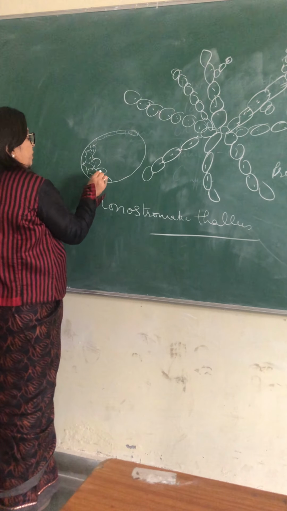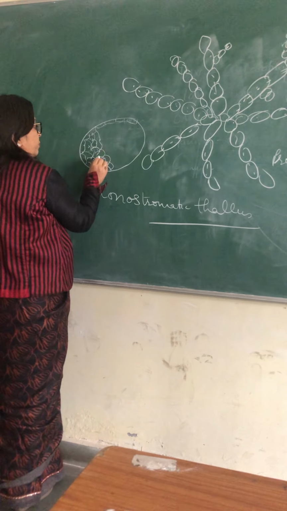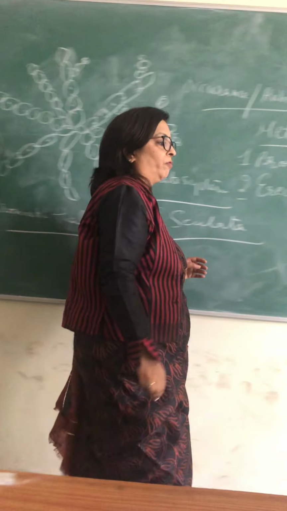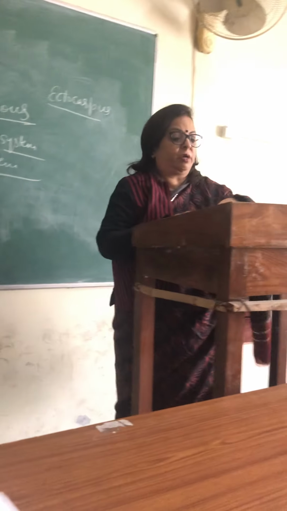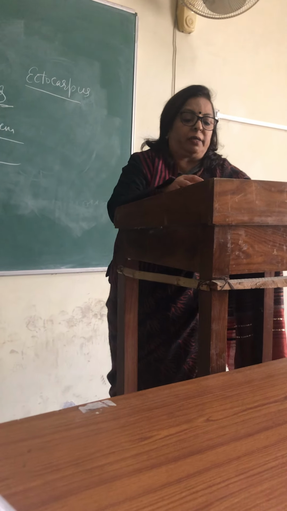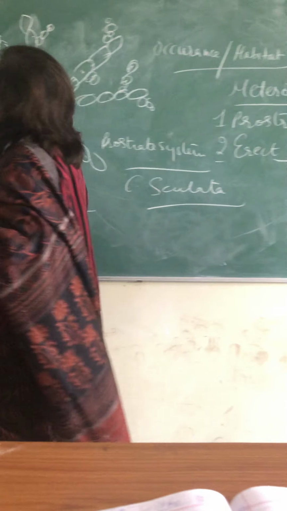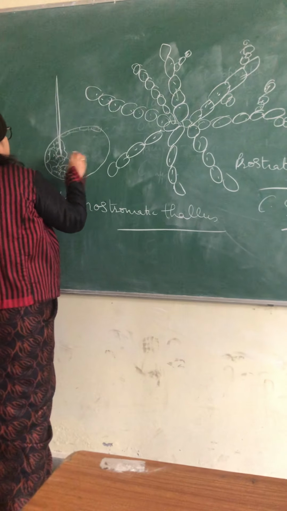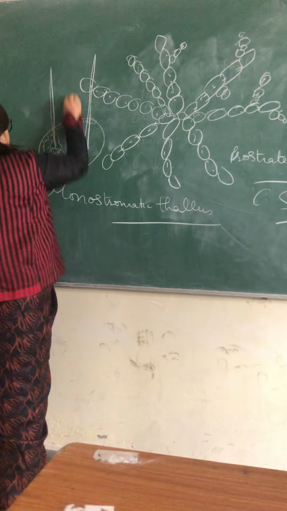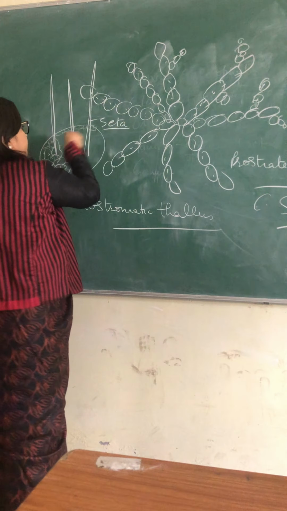The upper view of the thallus gives us a circular outline. I am just drawing it. Another thing we can see over here is that they contain fibrillar outgrowths which we call seta.